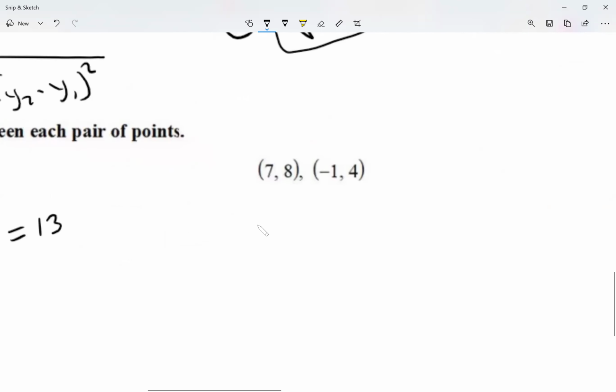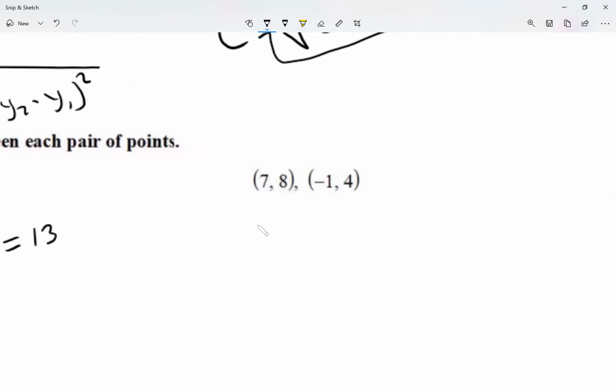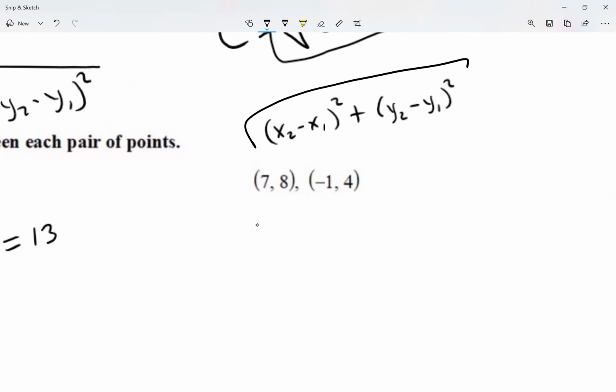Okay, let me remember the formula. Remember I gave you guys the formula? The second x minus the first x all squared plus the second y minus the first y all squared inside the square root. So I'm going to write that here.